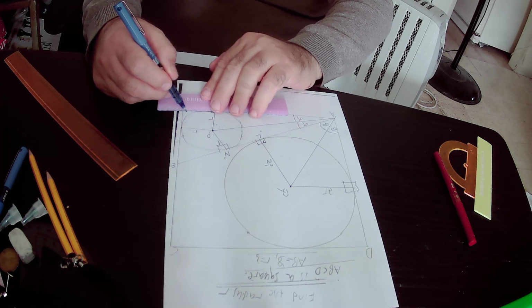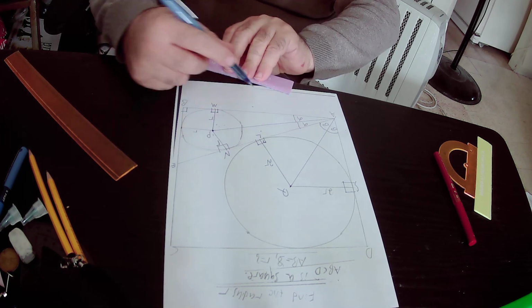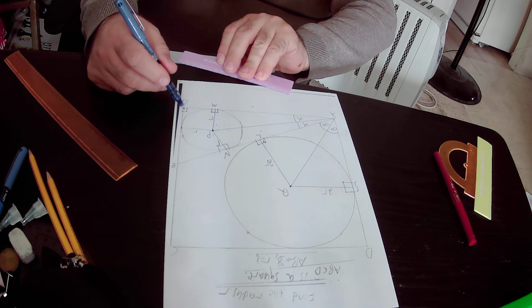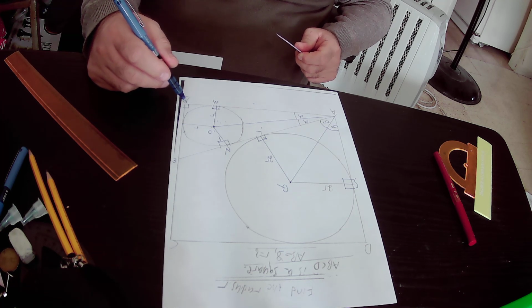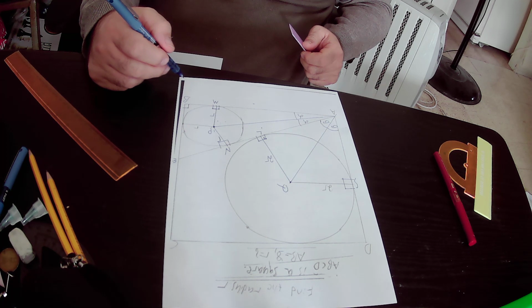So angle ABC is a right angle because it is one of the square ABCD angles, therefore it equals 90 degrees.